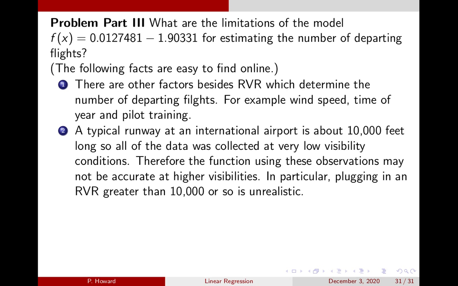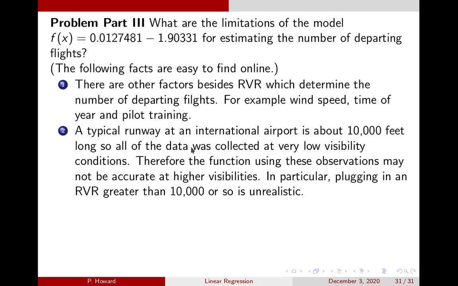Secondly, as I said earlier, a typical runway at an international airport is about 10,000 feet. So all of the data that was collected was at a very low visibility. The largest RVR value in the table was 1,000.